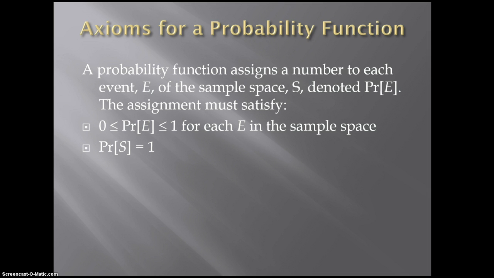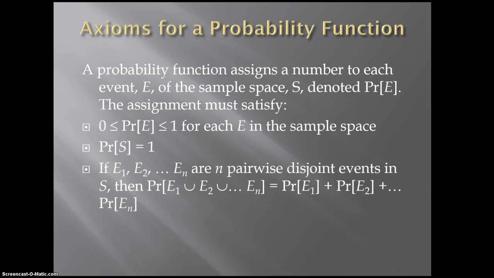In other words, the probability something actually happens is guaranteed. If we take a bunch of events, E1, E2, all the way through En, that are pairwise disjoint, then the probability of their union will be equal to the sum of the probabilities of each individual event.